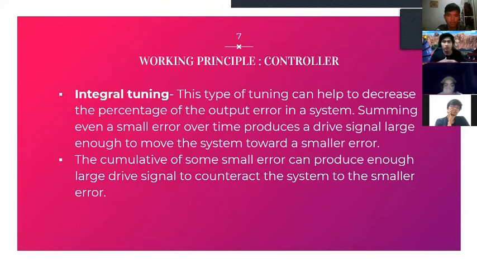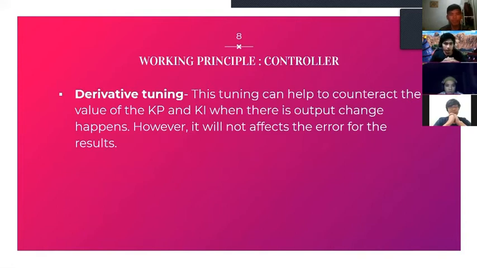The cumulative sum of small errors can produce a large enough drive signal to counteract the system to the smaller error. The last one is the derivative tuning. This tuning can help to counteract the value of KP and KI when there is an output change. However, it will not affect the error for the results. That's all from me.